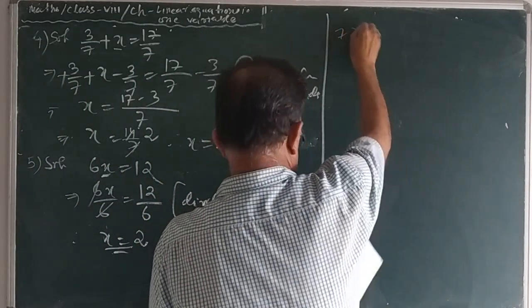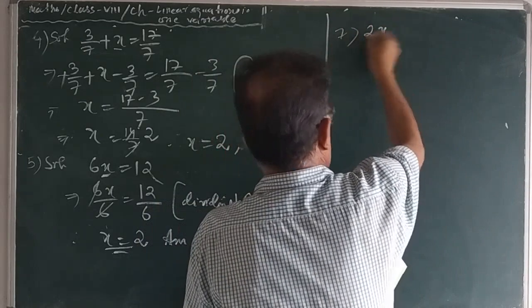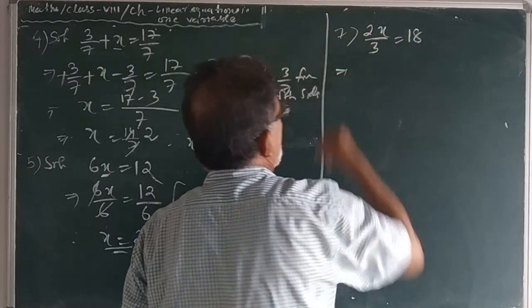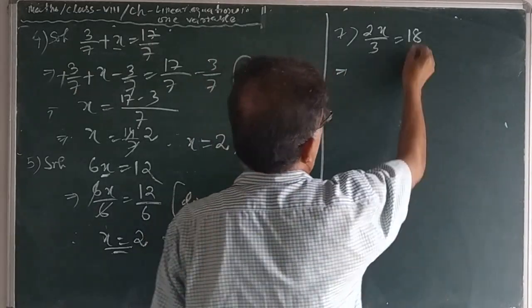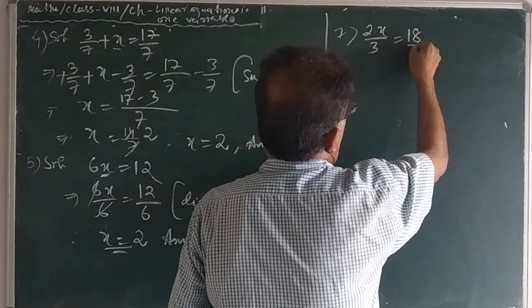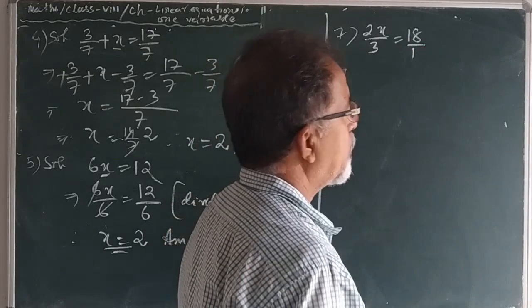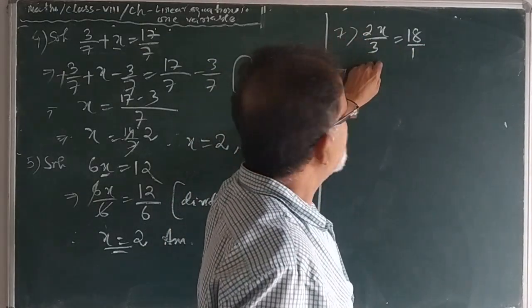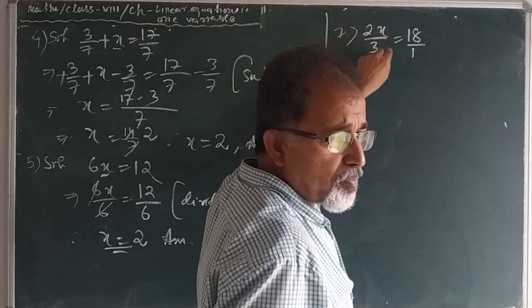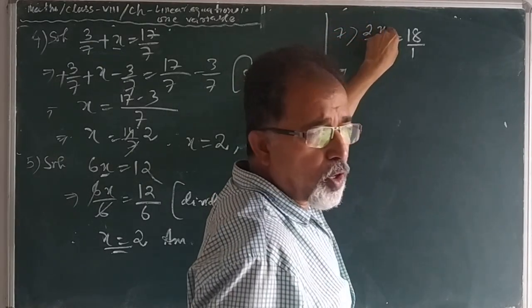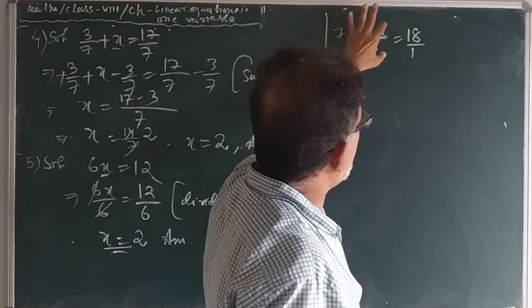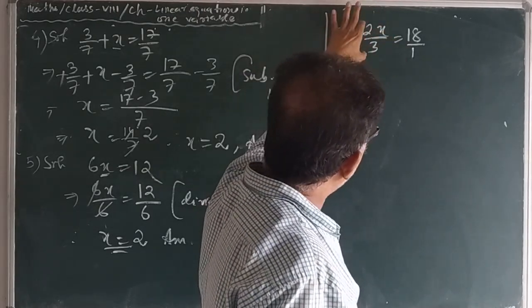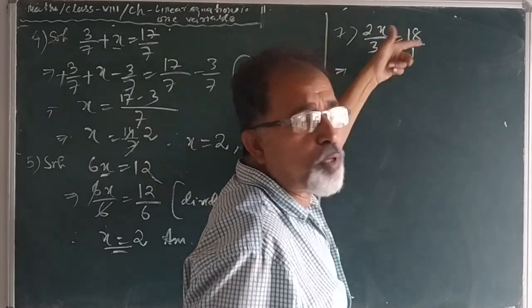Seven number, 2x by 3 equal to 18. First of all, we will remove 2 by 3 from this term. 2 by 3 is the coefficient of x, and we can read it as 2 by 3 into x.